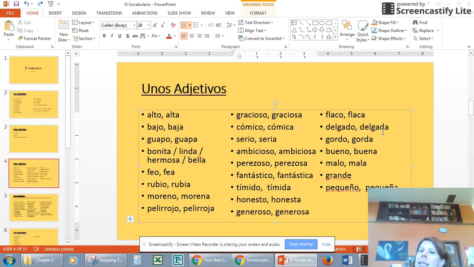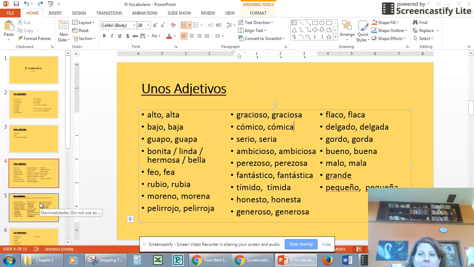This is skinny too, but more like our thin. Oh, that person is thin, where it's more of a compliment. You'd rather be delgado than flaco. I mean, they both mean somebody who doesn't have a lot of fat on their body, but this is the nicer word. Gordo, gorda, fat. Bueno, buena, good. Malo, mala, bad. Grande, big. Pequeño, pequeña, small.